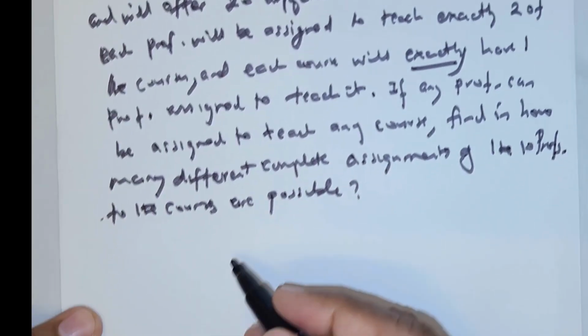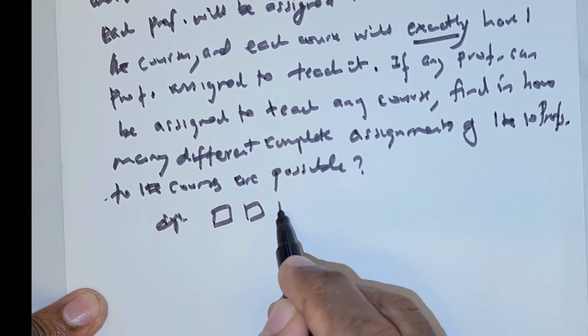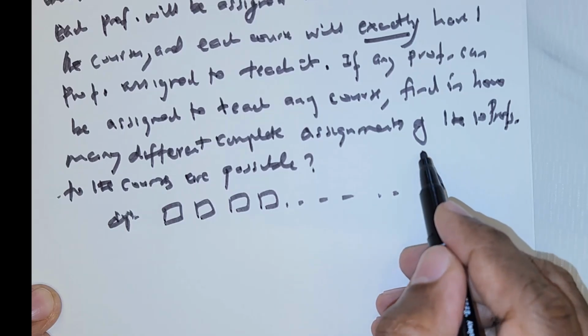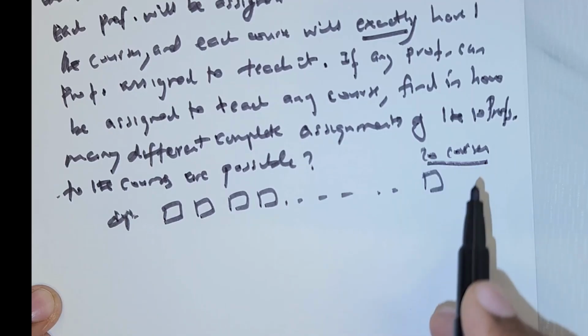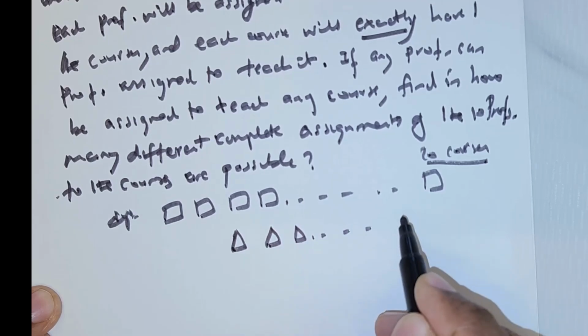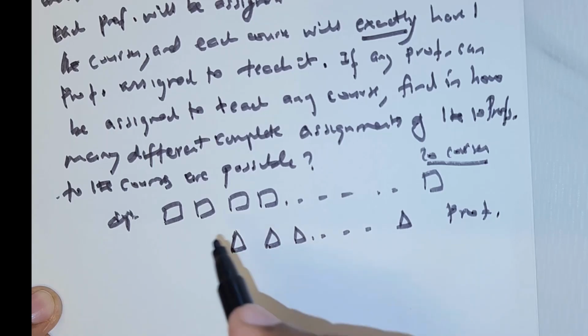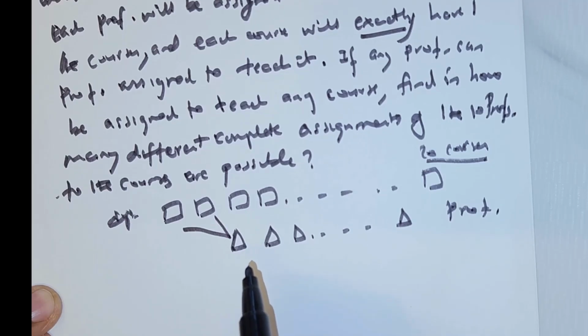So what is the understanding of this question? A department has got 20 courses being offered. Now these 20 courses will be handled by 10 professors. Each professor is assigned exactly 2 courses. This is the first professor, right?